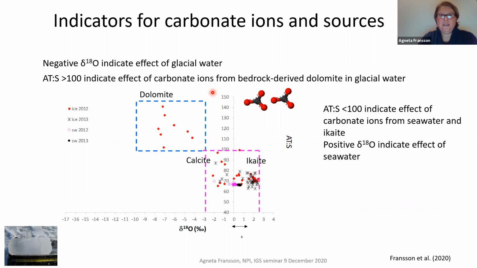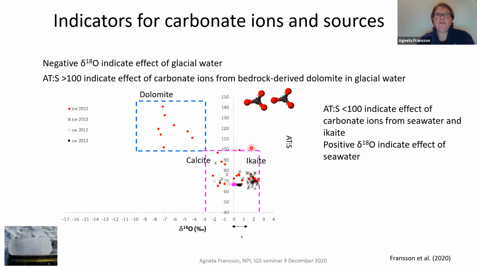I showed this figure with a similar figure with alkalinity and salinity ratio, with excess alkalinity against salinity. The red dots here in the ice 2012, when you have the negative O18, are where you have the glacial water.